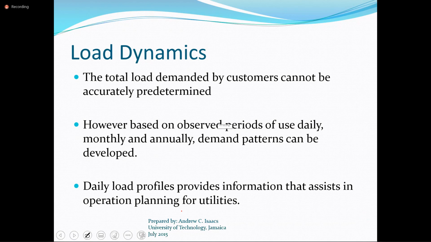So we have what we refer to as load profiles. We have daily load profiles, which provide information that will assist in the operation and planning for utilities. So there's historical data, right? And that historical data is used to inform current operation.